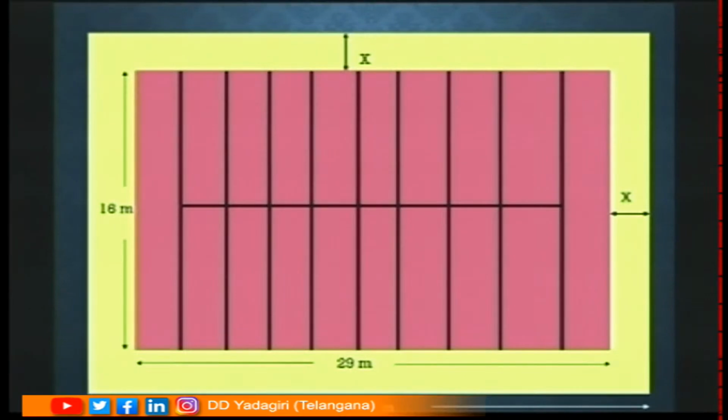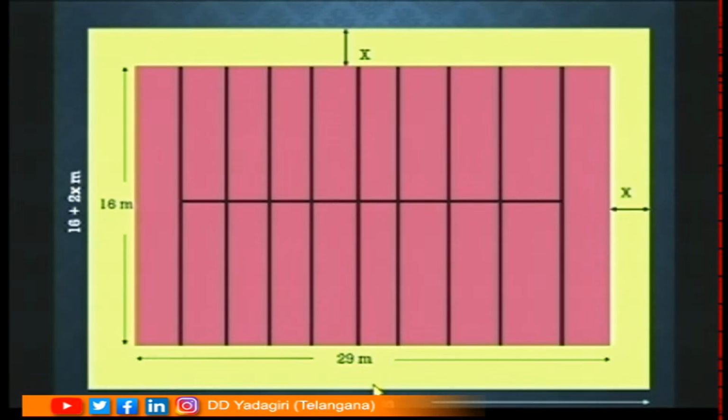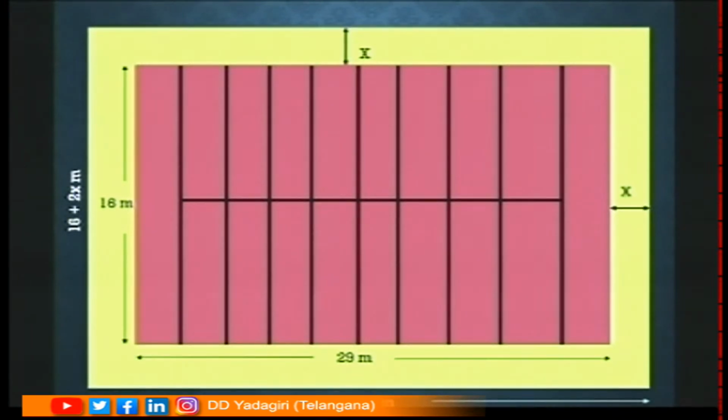Now our new length would be 29 plus 2x meters because we have x coming on this side and to this side of the length. That is why we have 2x here. Now the new breadth would be 16 plus 2x meters because we have x meters here and on the other side of the breadth.